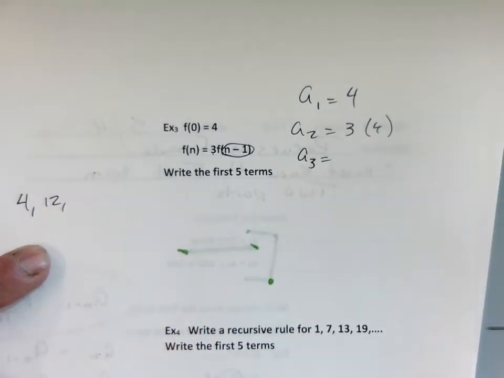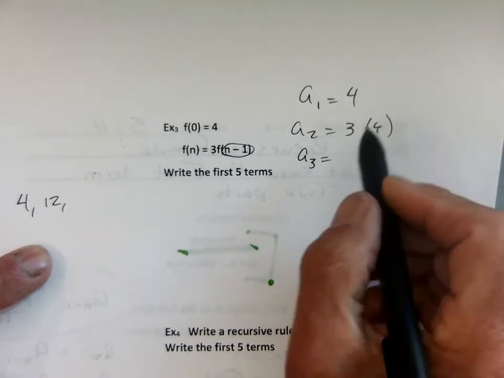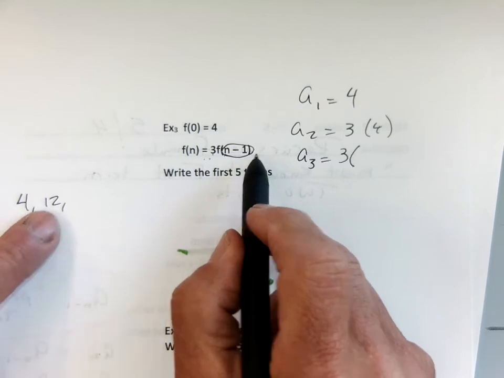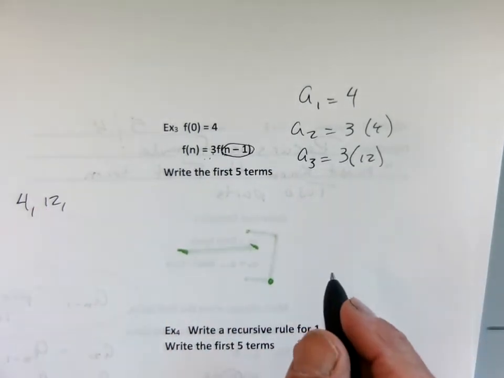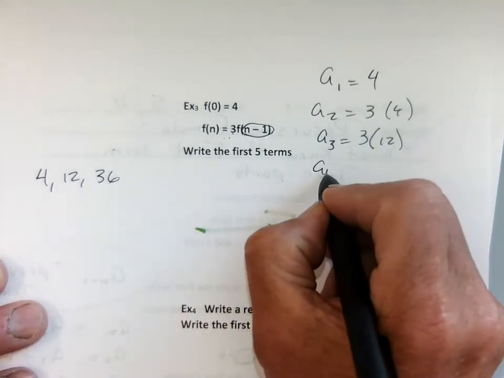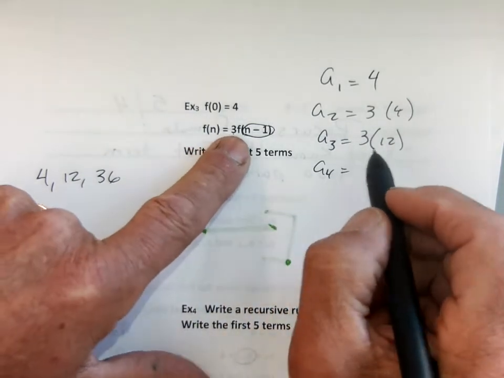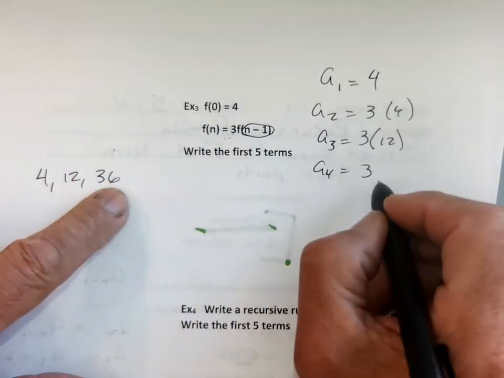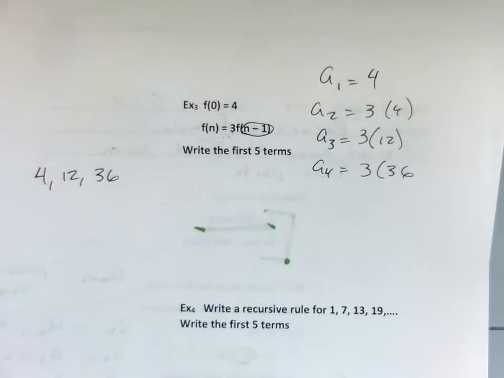A3, then again, is going to be take 3, plug it in the formula, take the previous term, which is 12, right? 3 times 12 is 36. A4, 3, because that's my formula, it says 3 times my previous term, which was 36. What is that, 108? Yeah, 108.